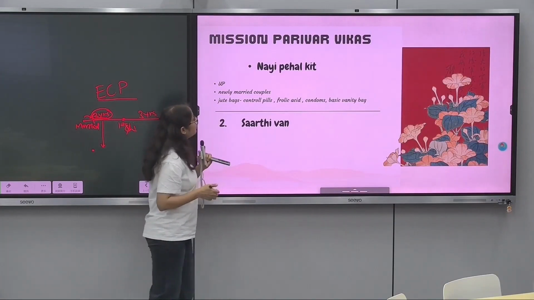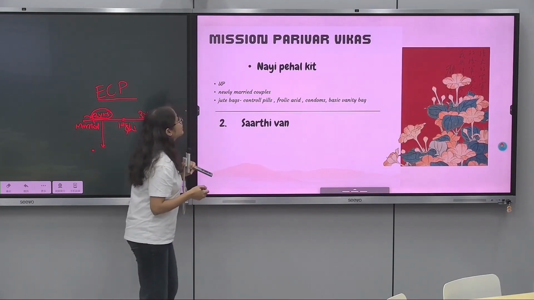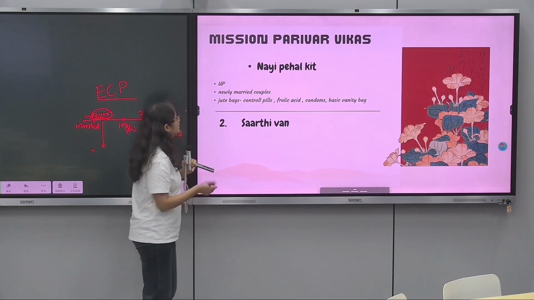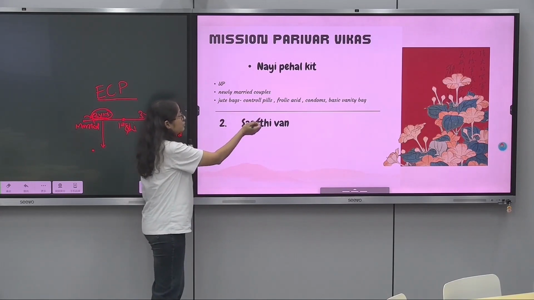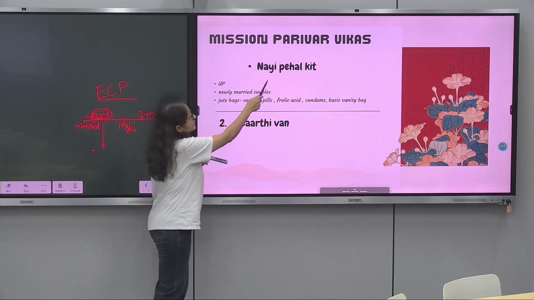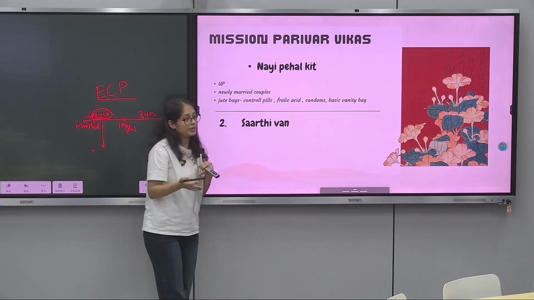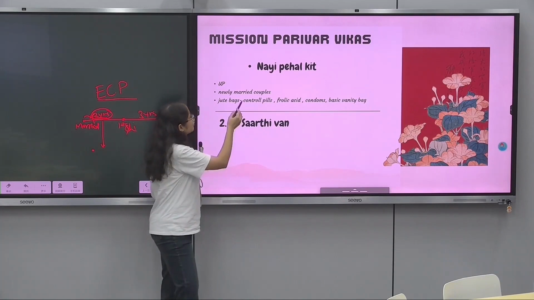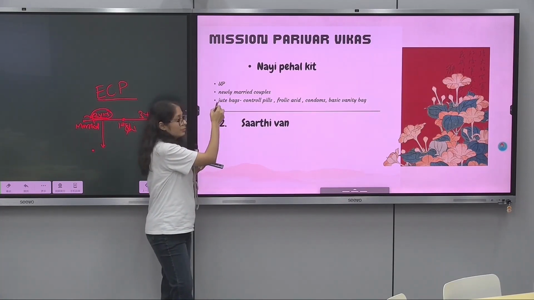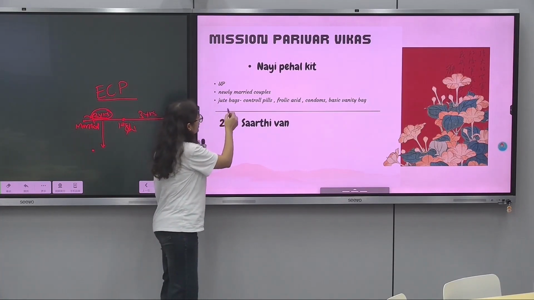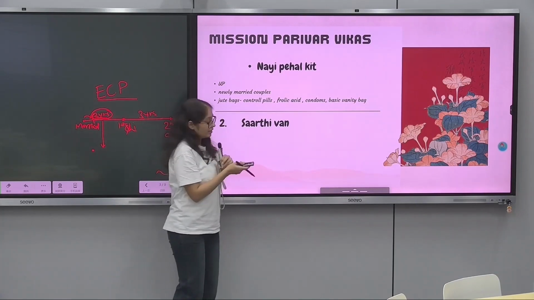Next is Mission Parivar Vikas. This Mission Parivar Vikas has two methods, of which the first is the Nayi Pehel Kit. The Nayi Pehel Kit is specially for newly married couples. Right now it is in Uttar Pradesh, and they provide a jute bag.